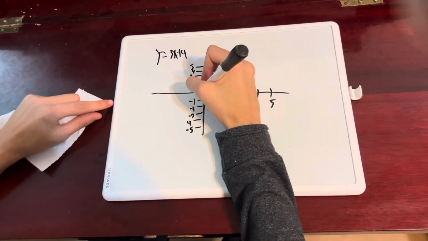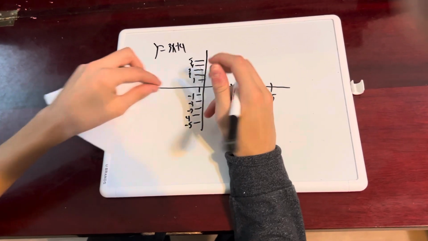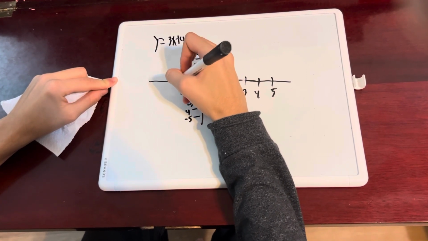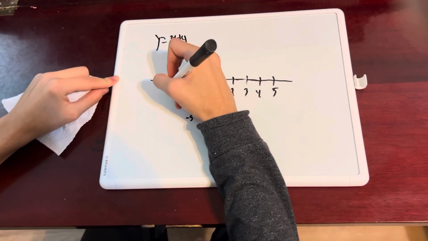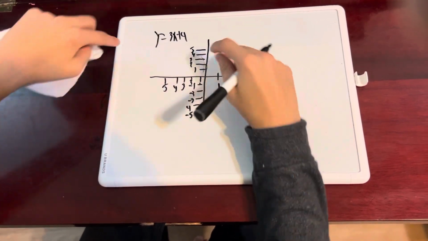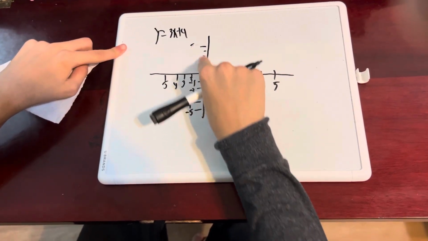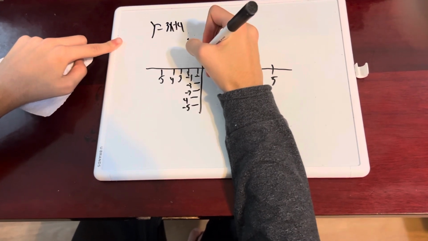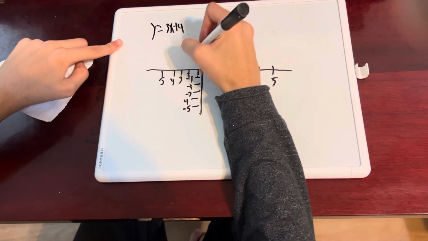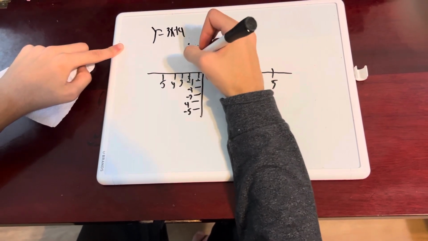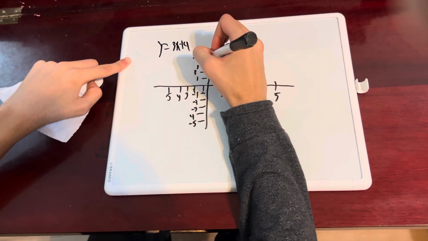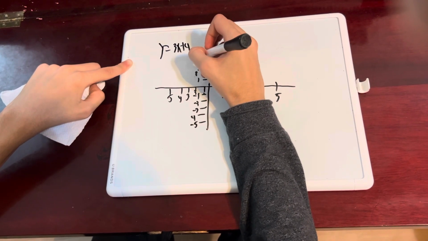And then here you would have your 1, your 2, your 3, your 4, and your 5. Let me just make this smaller so that we can fit everything in it. So here will be 1, 2, 3, 4, and 5.